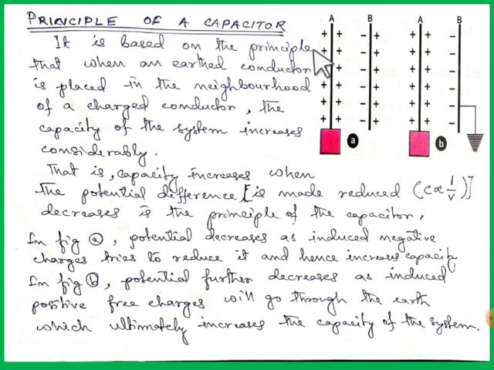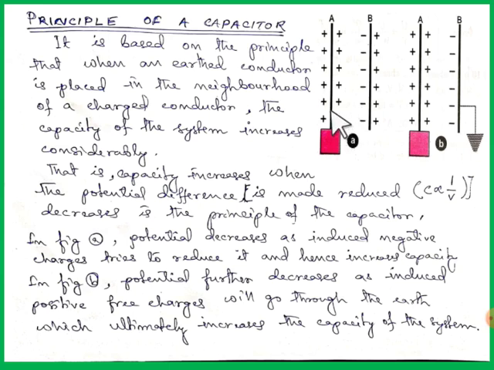Now if you keep an insulated conductor which is charged positive, then on its surface, positive charges will be there. And what happens if you bring an uncharged conductor near to the charged conductor?